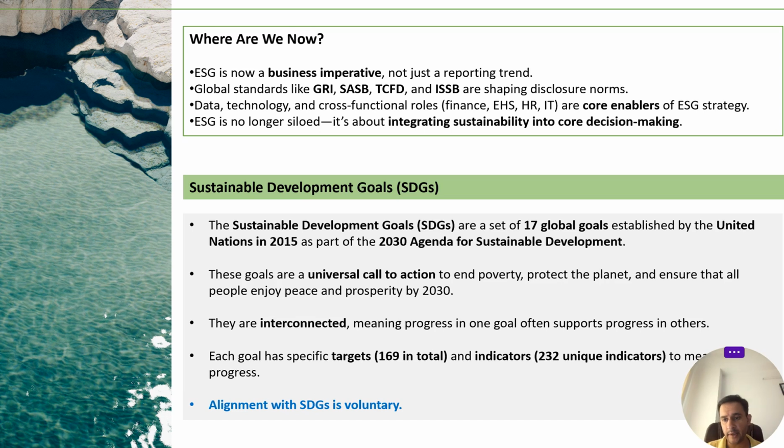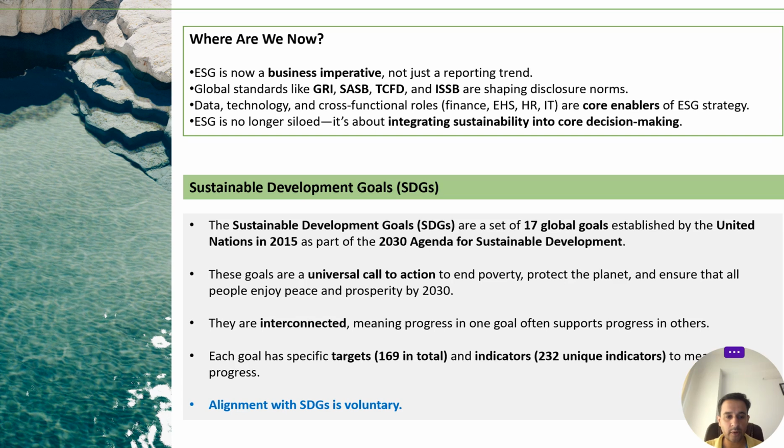We just discussed it's integrating sustainability into your core decision making, in designing your products, in marketing your products. So for example, sustainable packaging, right? If you're using sustainable packaging, and talking about it, if it is doing good for the environment, then why not? It should be marketing, right? It should lead to increased product sales.